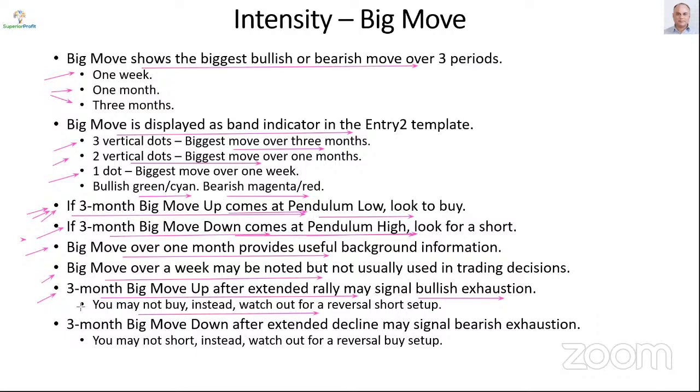And then if we have a 3-month big move up at pendulum high, jump and thrust extreme high, then we know it is a sign of exhaustion. We may trade it accordingly if we are holding a long-term position. We will certainly not buy, instead watch out for a reversal short setup and also to protect profit in existing long positions.